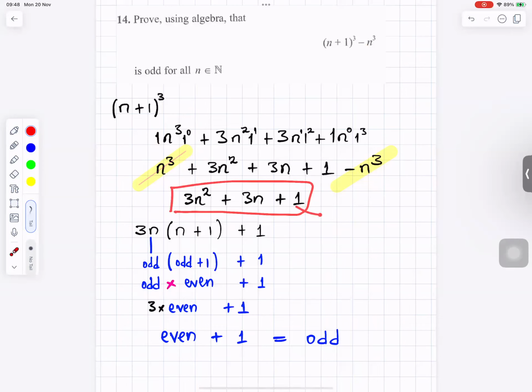This quadratic is what we want to prove is odd. So we can factorize 3n out. So 3n will come out, you're left with n plus 1, because 3n is the same as 3n times 1. Now, this is where you need to know some of these facts. And I'll show you quickly before we start talking about it.